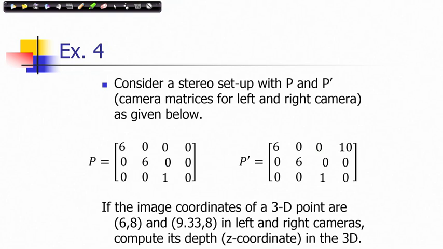Now, what you need to find out is that you have been given two image coordinates of a 3D point, 6, 8 and 9, 8, in the left and right cameras. You should note that we have already satisfied the constraint of keeping the y coordinate the same, because that is what we discussed as a property of this particular scenario.